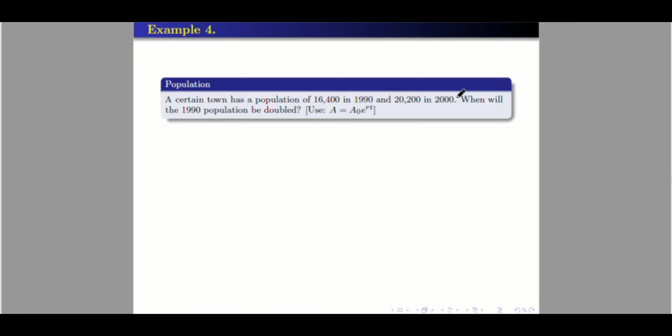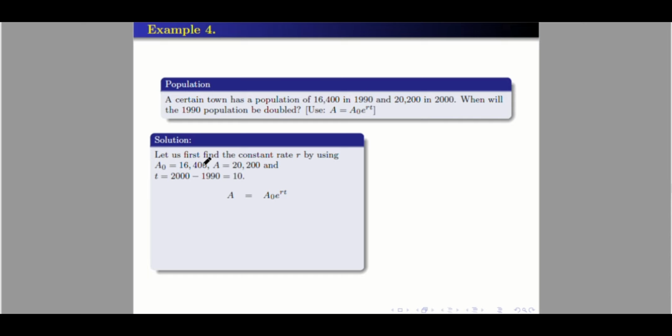In that case, we will use first this information. 16,400 will be our initial, the a sub 0, and the future value for this particular time is 20,200, our future population A. During this time, our time is 2000 minus 1990, so our time is 10. So substitute.